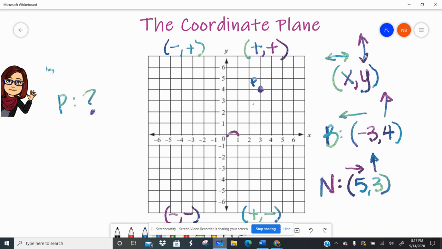I'm going right, 1, 2, 3, because you have to park your car in the parking lot, and then you have to walk to the elevator. So I went +3, so that's my X. And then I went 1, 2, 3, 4 up. So I'm located at +3, +4, right? That's the address of P.